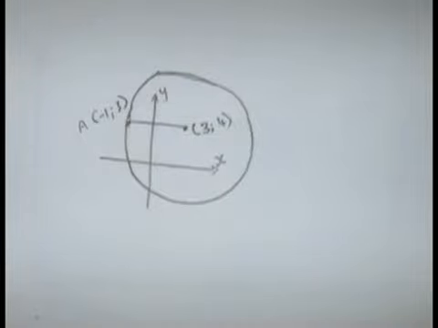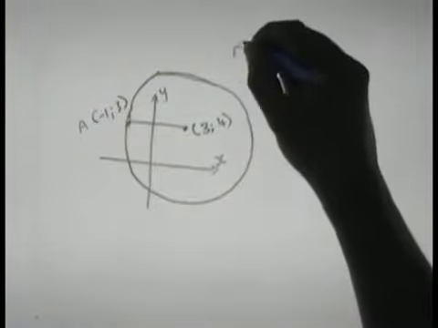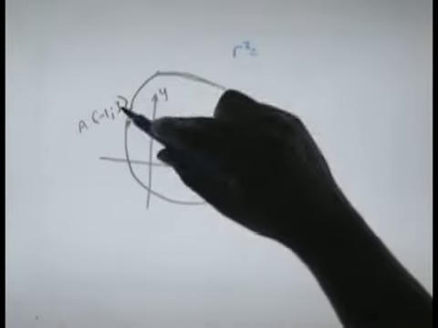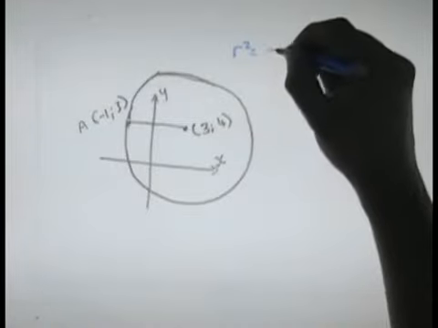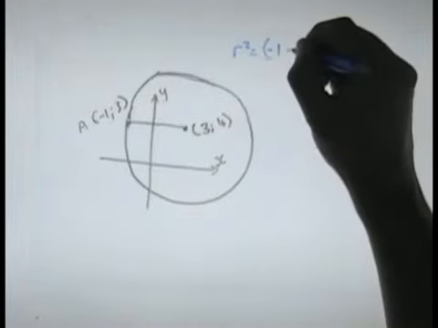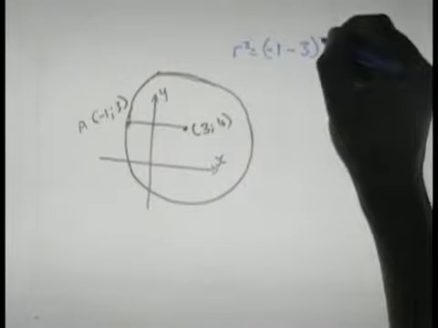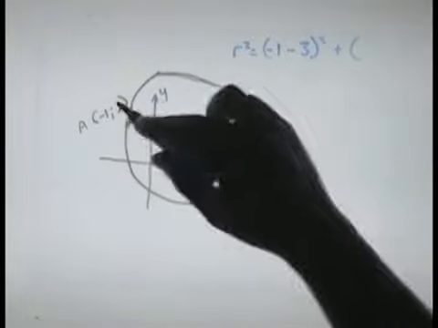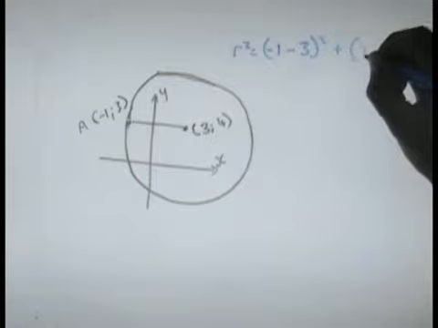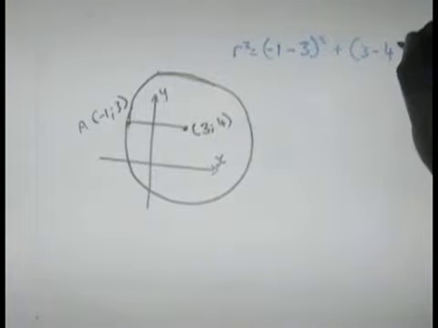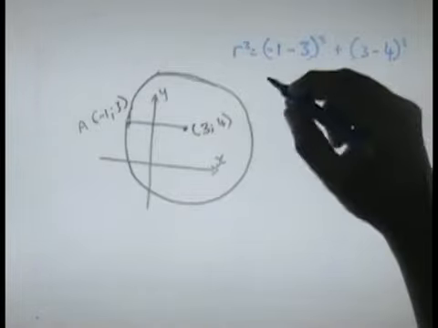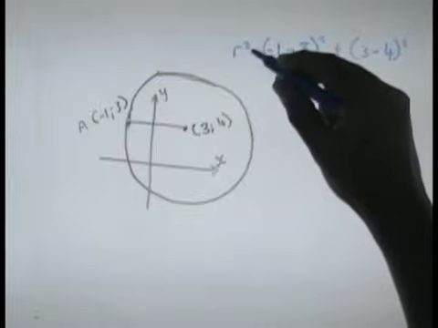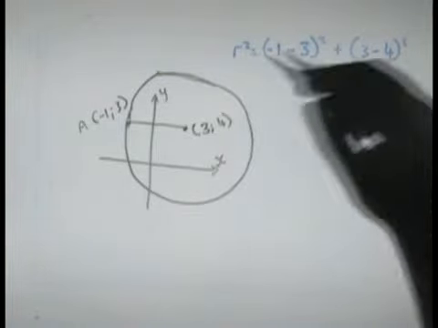Now, r squared, in this case, using the distance formula, let's start with x2 minus x1, minus 1 minus 3 squared, plus y2 minus y1, which is 3 minus 4 squared. Alright?